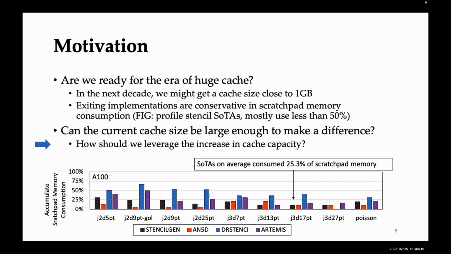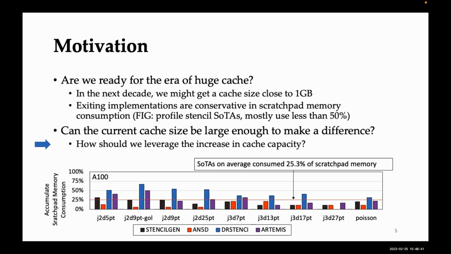And how should we leverage this increase in cache capacity? Down below is plotted a case study we looked at, which is stencils. I will explain stencil kernels in the next few slides, but probably the audience would imagine they are neighborhood access patterns that are notoriously memory bound, not just on GPUs but on most CPUs, if not all CPUs.